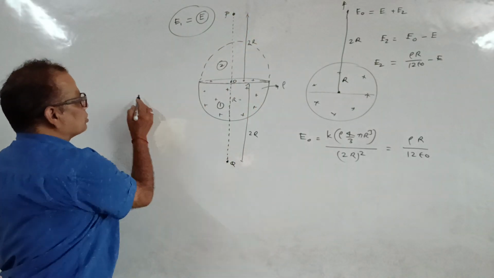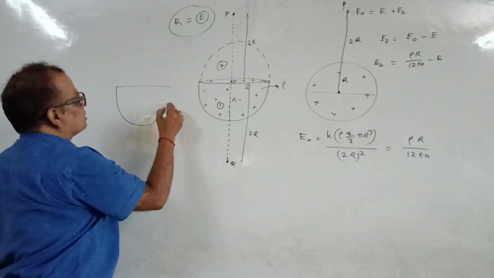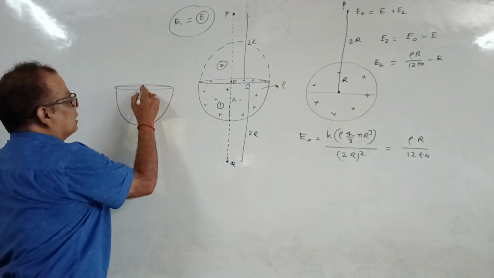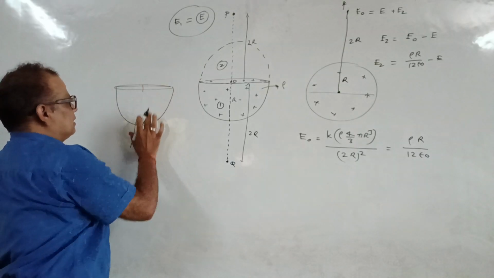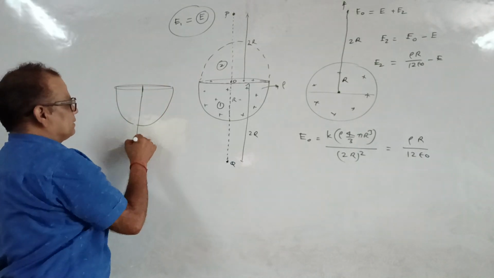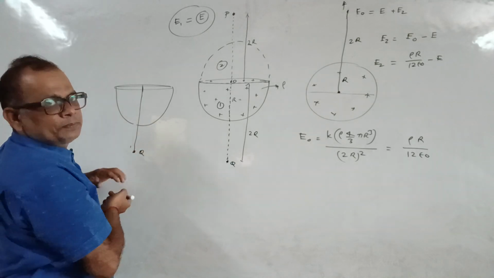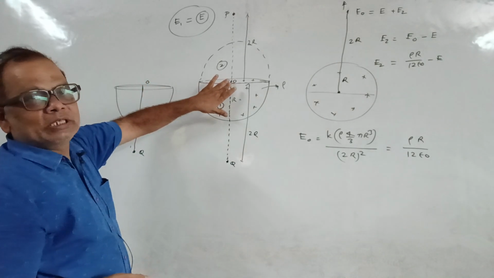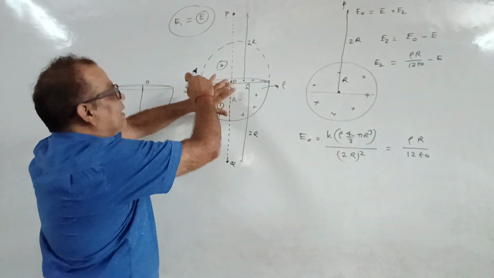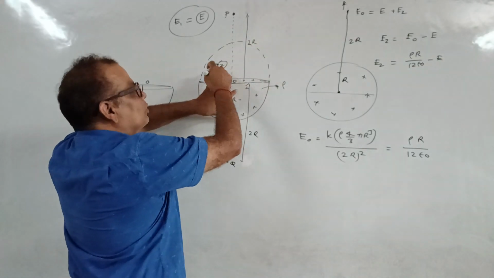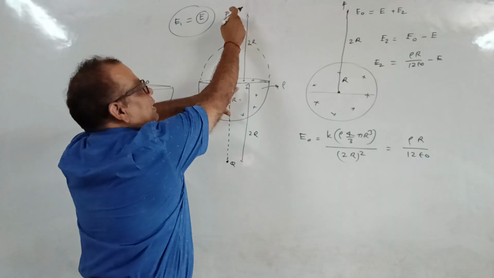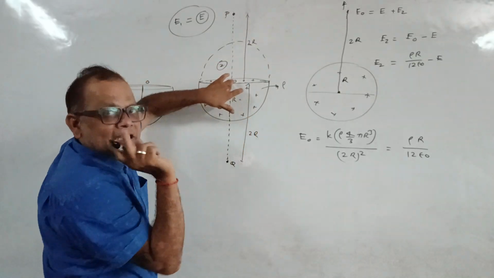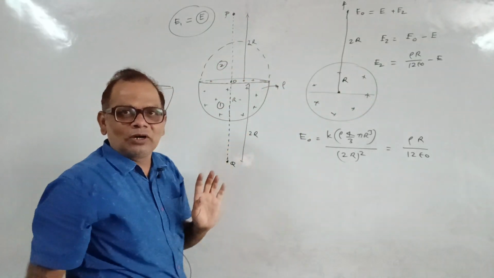Now look at the situation. We have to find the electric field at this point, just below this point O. The situation we already considered here is the electric field due to this half hemisphere at point P, which we took as E2, and E2 is already found.